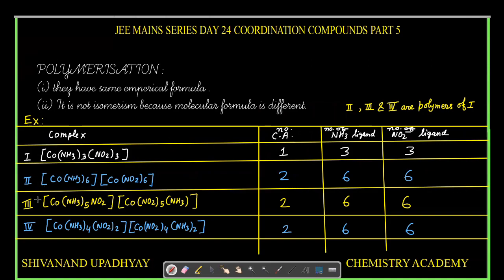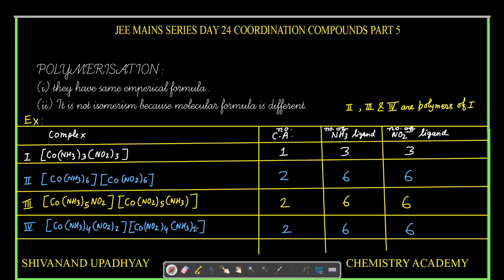In the same way, these two are isomers, right? Here what we are doing is exchanging the ligands. So these two are coordination isomers, because here the charge on the cation is +3, here the charge on the cation is +2 and the anion is -2.